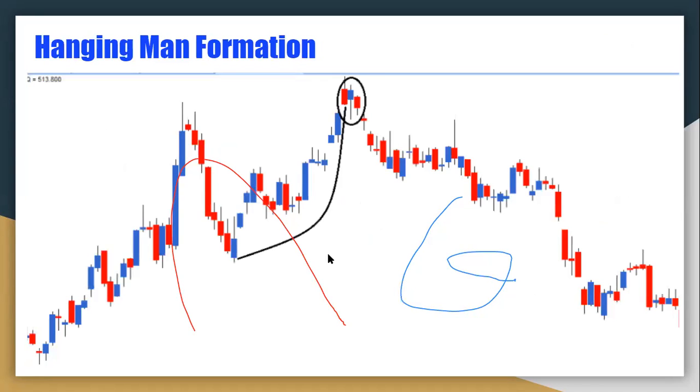Now let us look at one more candlestick formation, which is called the hanging man. The hanging man is exactly like the Thor's hammer. It is called a hanging man because it looks like a hanging man, and the Thor's hammer also looks exactly the same. The point is, when this candlestick pattern occurs in an uptrend, it looks like somebody is hanging, so it is called a hanging man.